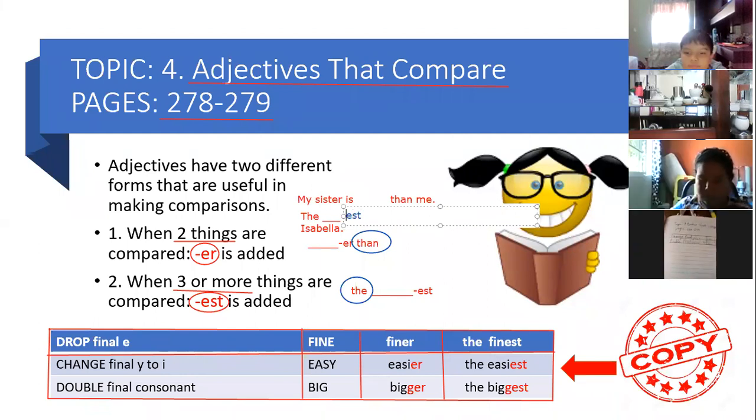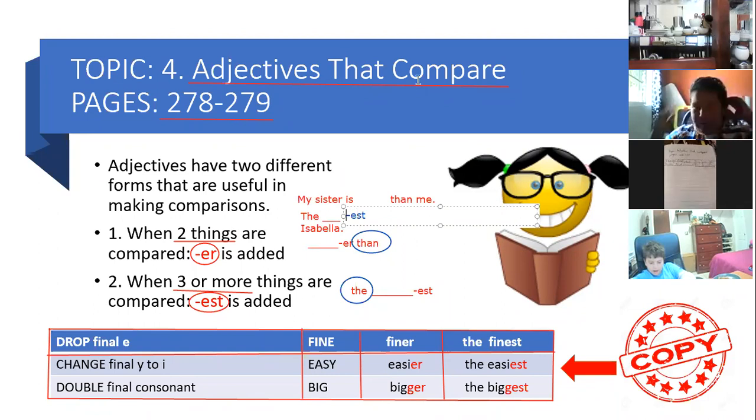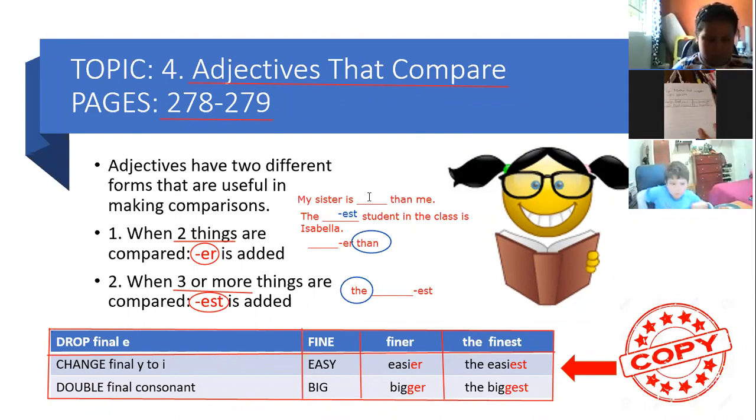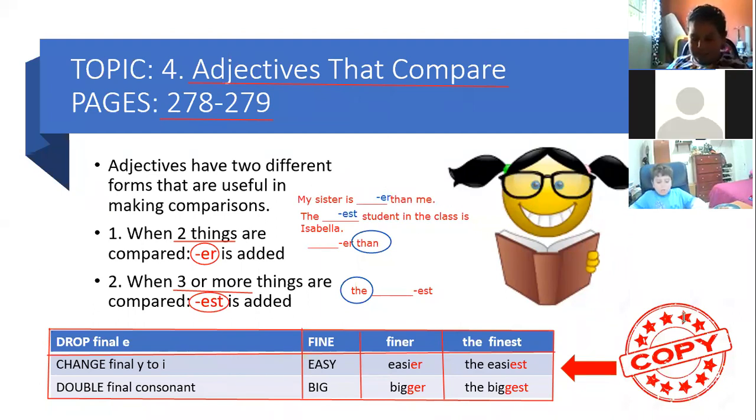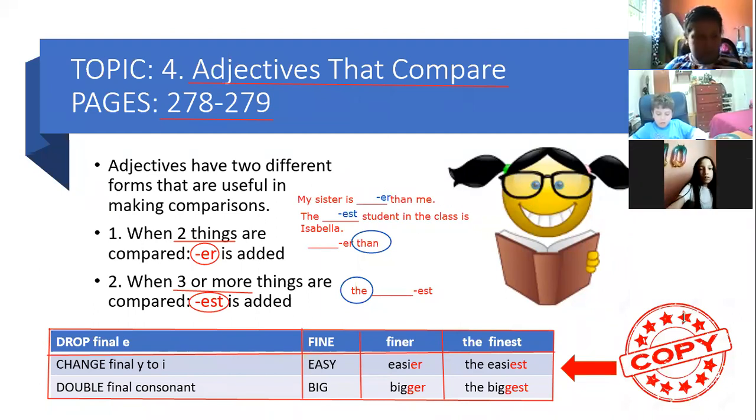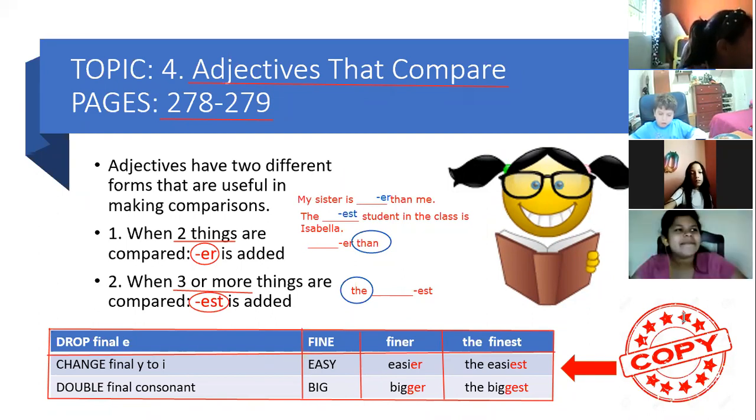That's what I need, an adjective that finishes with EST. The smartest, the fastest, the happiest student in the class is Isabella. Okay. My sister is smarter than me, smaller than me, faster than me, noisier than me.